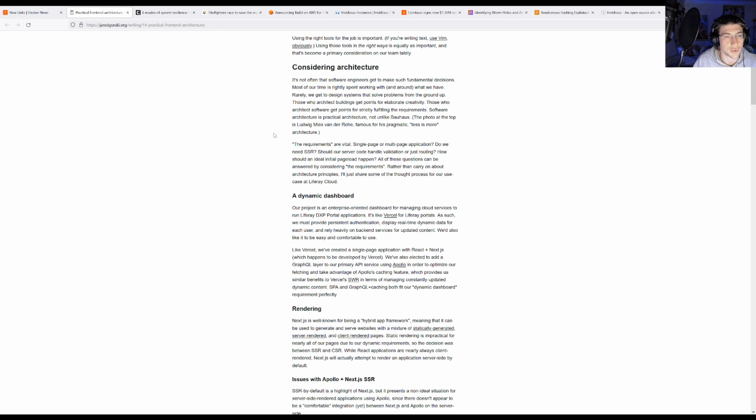Considering architecture. Software engineers rarely get to make such fundamental decisions. Most of our time is rightly spent working with what we have. Yeah, that's true. Rarely do we get to design systems that solve problems from the ground up. Well, rarely. It depends if you work for a company, or if you're a freelancer, or if you have your own development business.